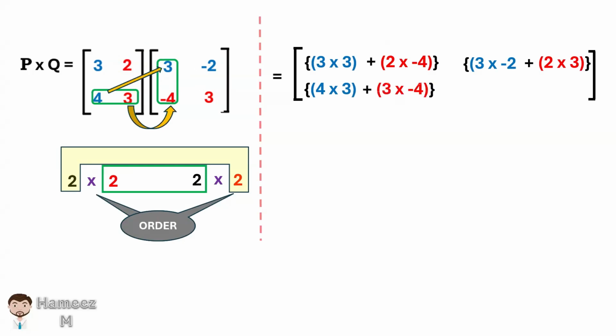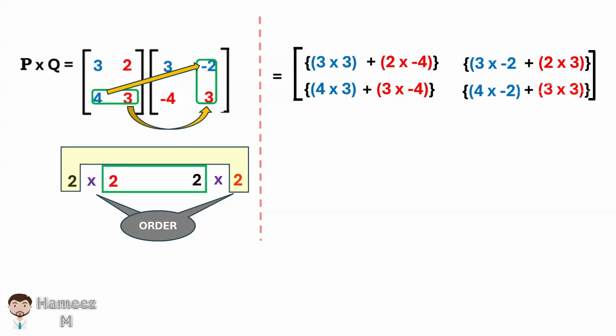And now that we've done that column, let's remove it. We're still with the second row, but we're going to take the second column now. So 4 by -2, the first term of the row by the first term of the column, and then the second term of the row by the second term of the column. And now we just simplify.